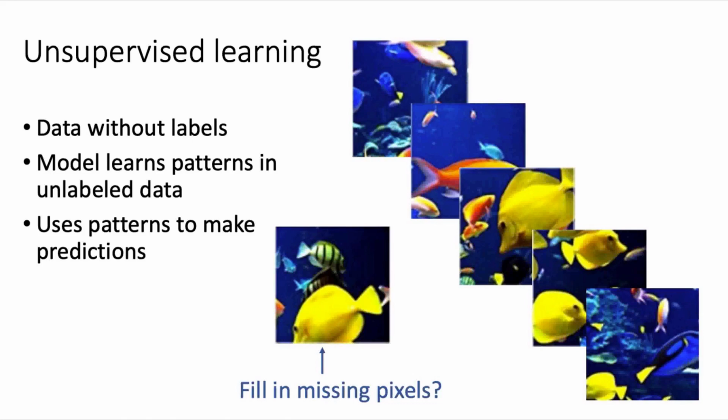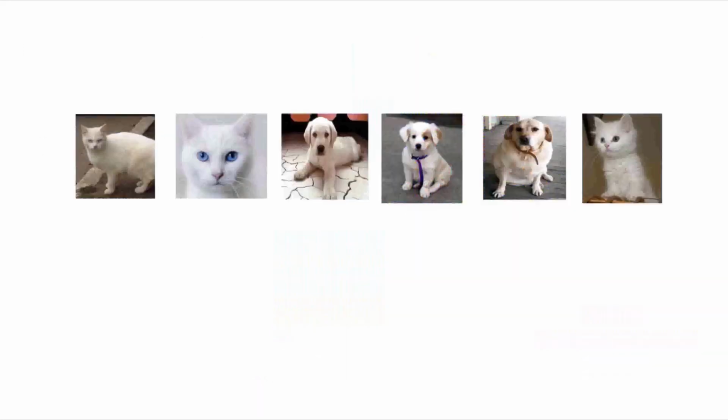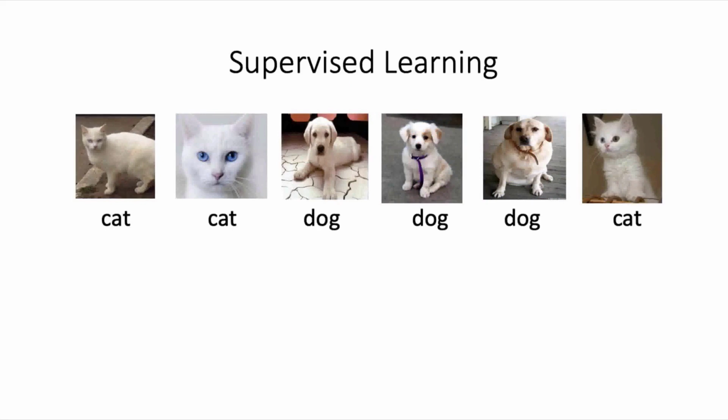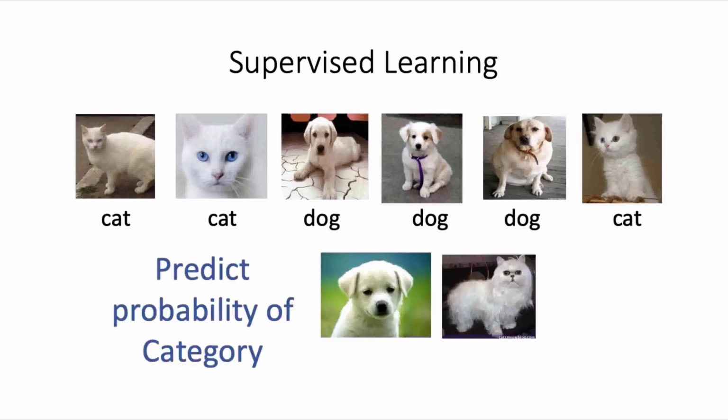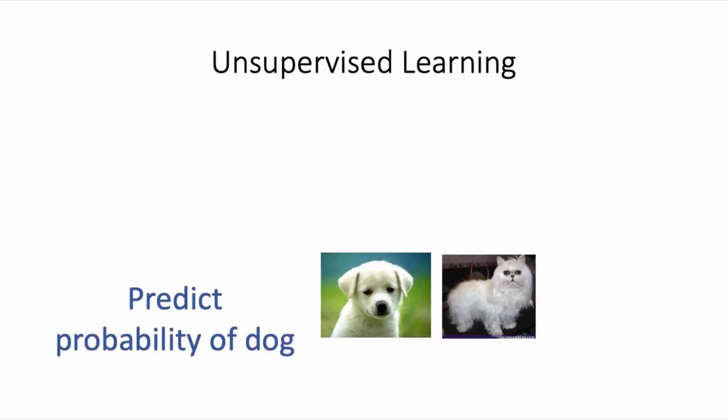So let's look at an example of unsupervised learning by returning to our dog example. So remember, for supervised learning, we had labeled images of cats and dogs, and our supervised learning model was supposed to predict whether an image was of a cat or a dog after being trained on this labeled data. Now, an unsupervised learning model can also be used to learn how likely an image is to be of a dog.